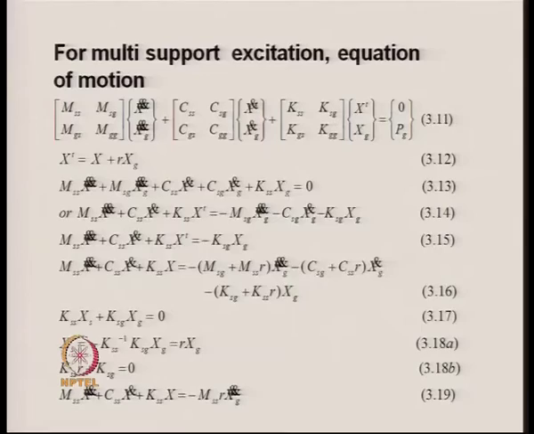How we have obtained the R matrix, I had shown before. Thus the mass multiplied by the R matrix into the x double dot G vector gives the P effective, or the effective earthquake force.